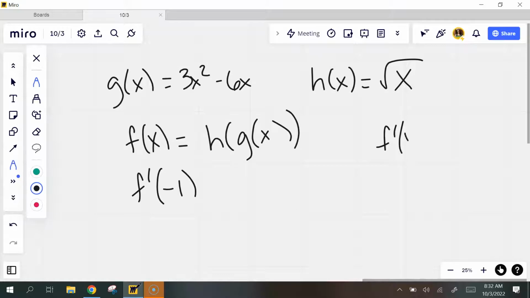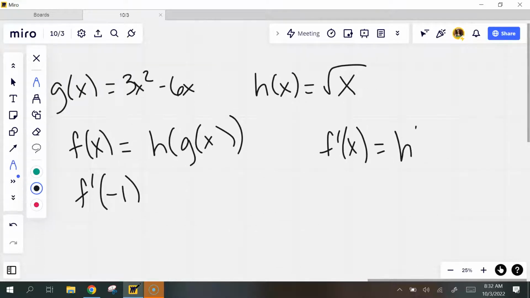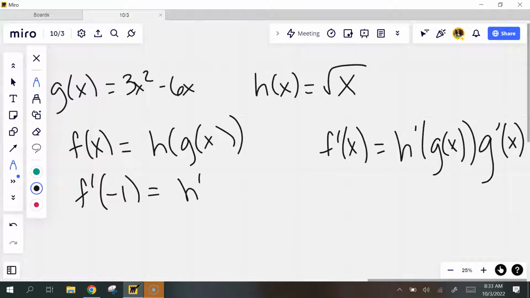Well, the derivative of f, this is just chain rule, right? Outside in. So I do the derivative of the outside, but leave the inside alone, and then multiply by the derivative of the inside. So I'm going to do that, but this time I'm going to change all my x's to a negative 1.